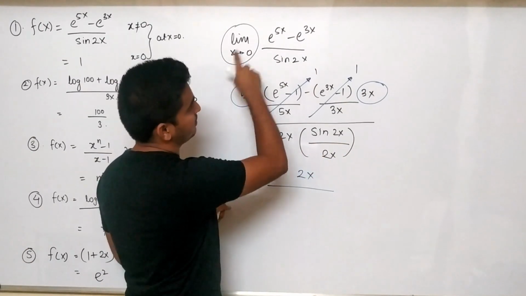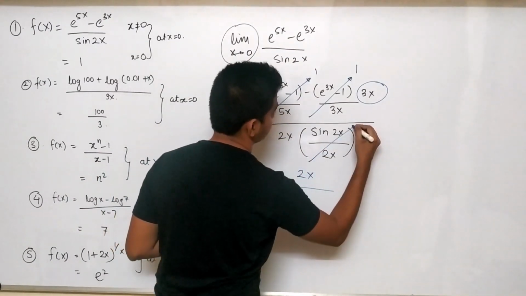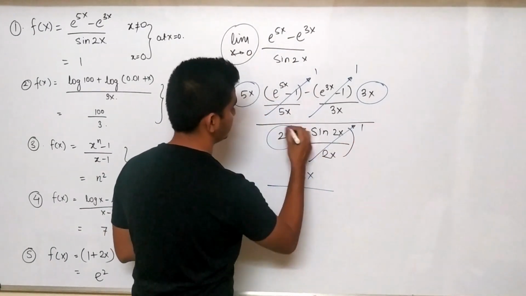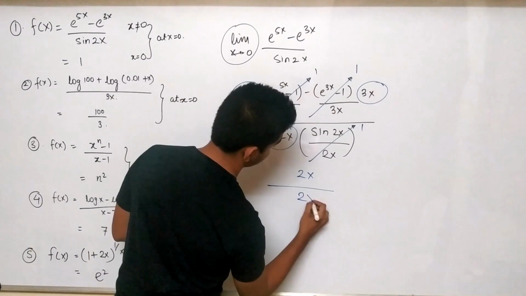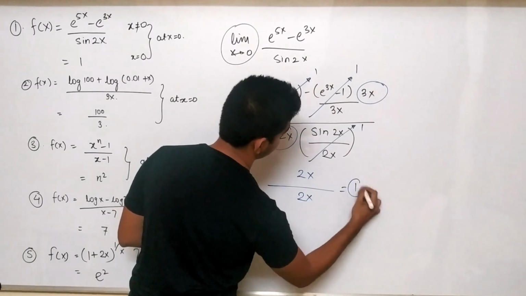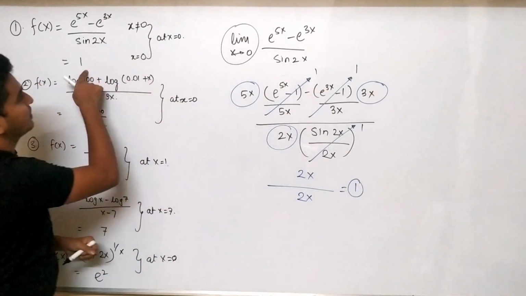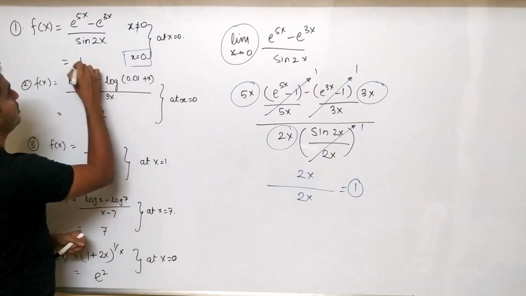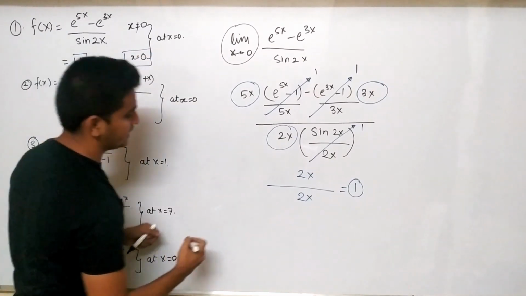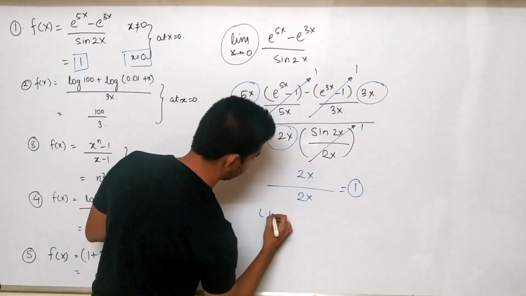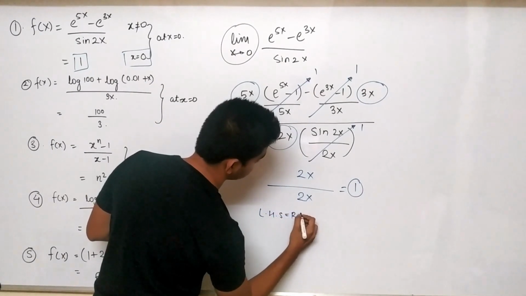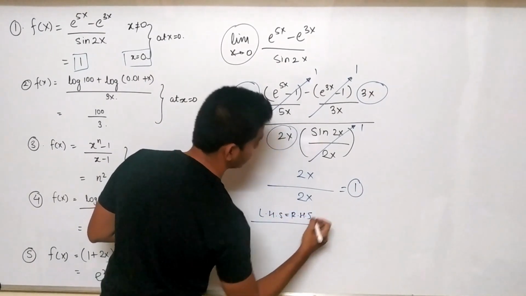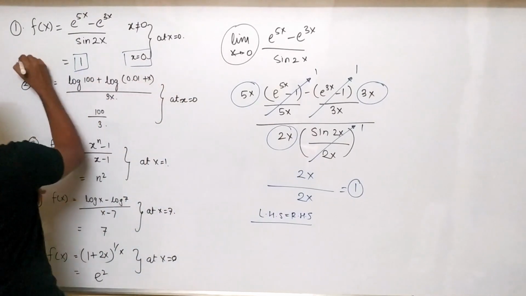When you apply the limit, this will also become 1. So what we have is 2x upon 2x, so your final answer is 1. Well, it was given that at x equals 0, the value is 1. So we can say the left hand side is equal to the right hand side, and hence this whole function is continuous.